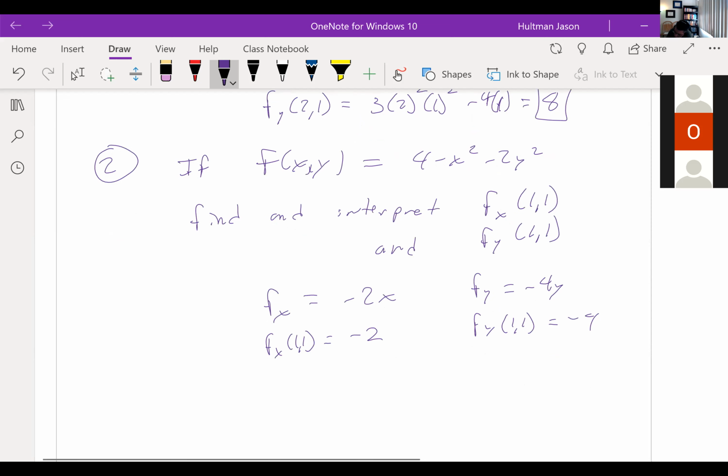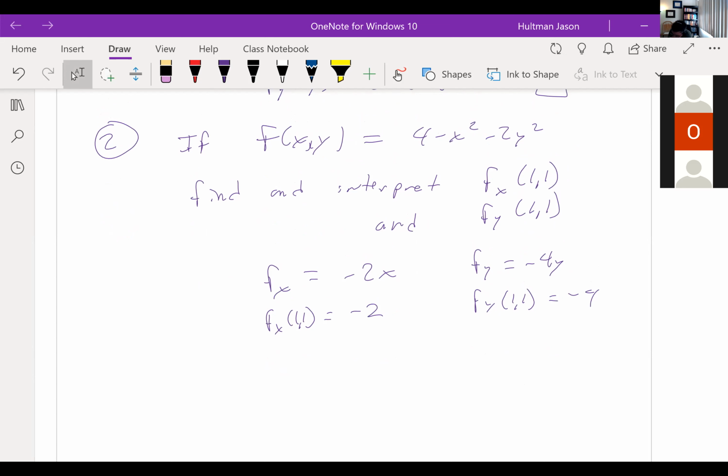Okay, so let's think about what this means intuitively. Well, we have this function z equals 4 minus x squared minus 2y squared. And this is some sort of surface. So the x's and y's dictate what's happening on z. So at the point when x is 1 and y is 1, well, what's z?